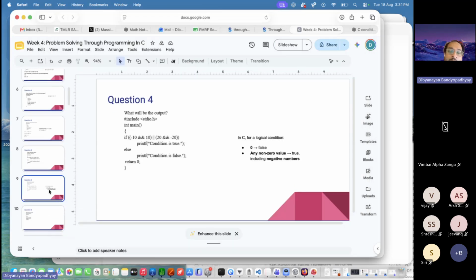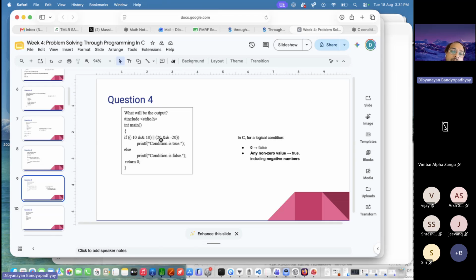So how is it happening? If you see this part carefully, -10 and 10. This is the hint as I have suggested. Any non-zero value is true, including negative numbers. So -10 is a non-zero value, which is a negative number, that amounts to the expression being true. Okay, so this is 1 and 1. So 1 and 1 is what? 1.